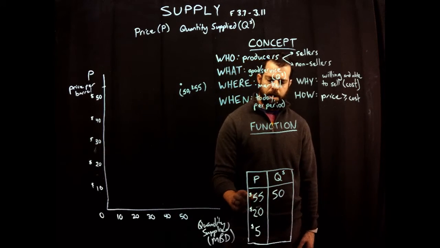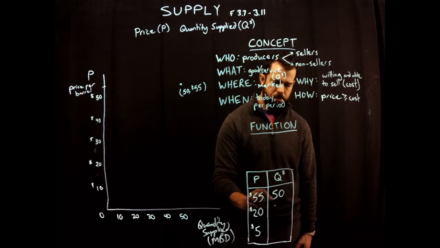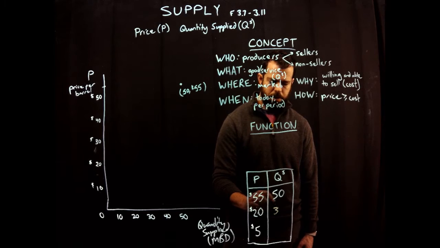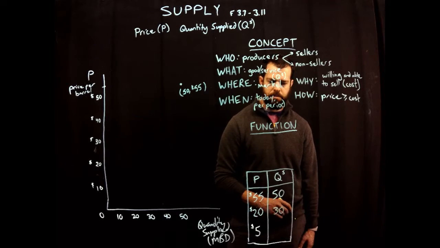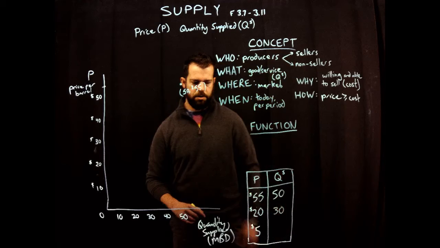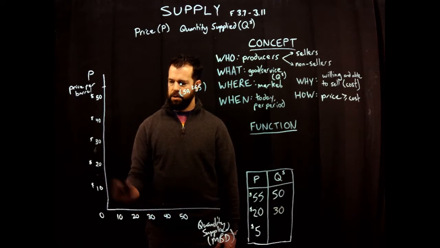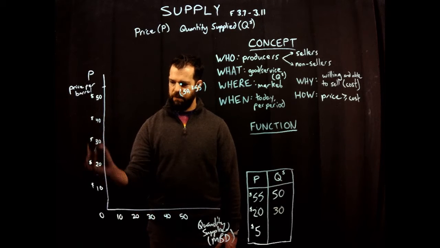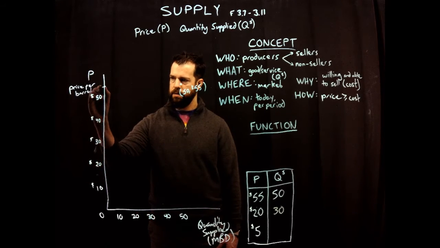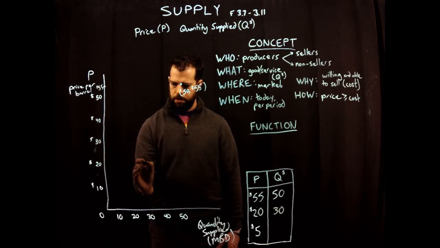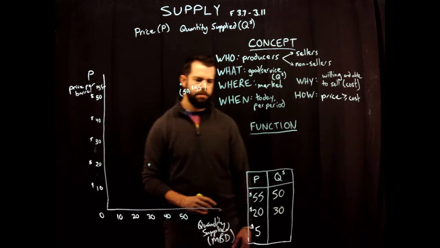So at a price of $20 per barrel, the most they're willing and able to produce is 30 million barrels of oil per day. So when the price falls from 55 down to 20, they are producing 30 million barrels of oil per day.